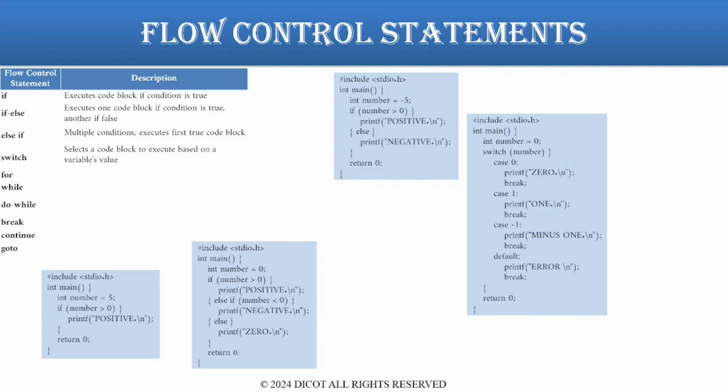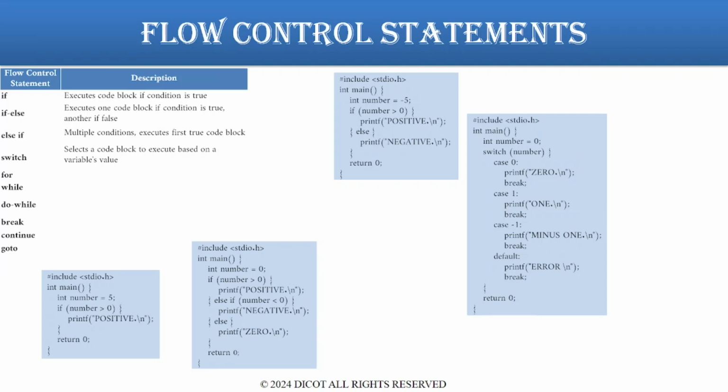The program uses switch to handle specific cases for number 0, 1, or -1, with a default case for any other values. Since the number is 0 in this case, the first case matches and the program outputs 0.